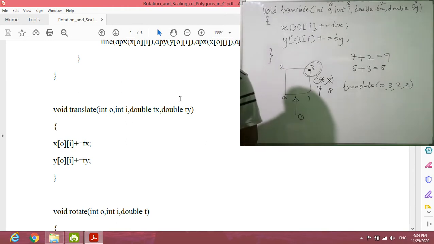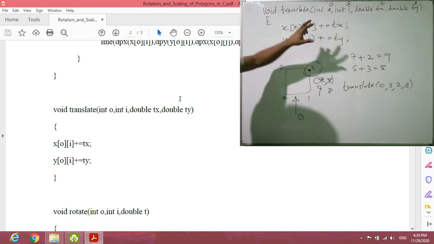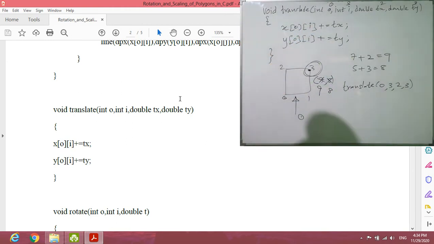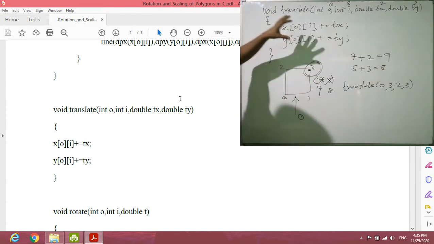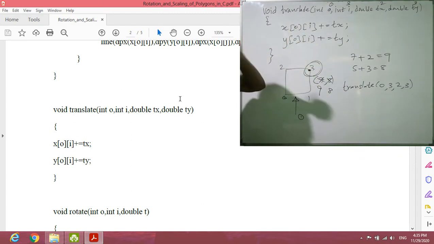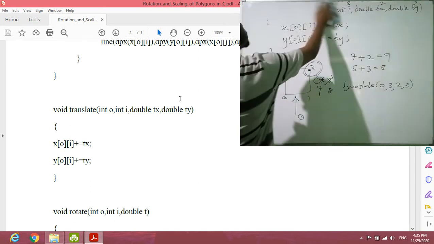In that way we can use this translate function. What you have to understand is that we always apply this function to a single point. That means this vertex or any other vertex, you can apply this particular function.